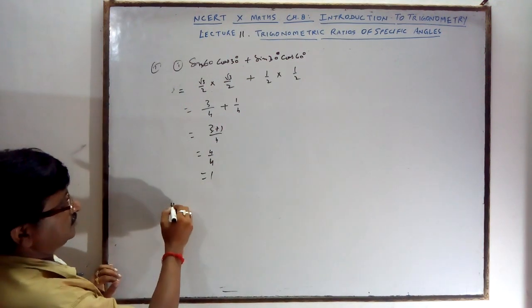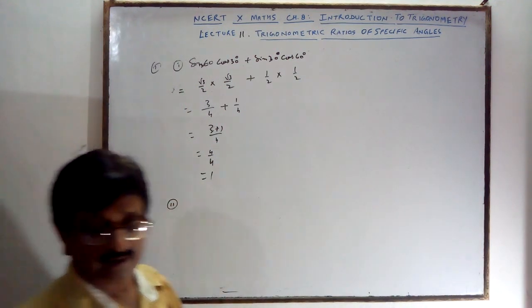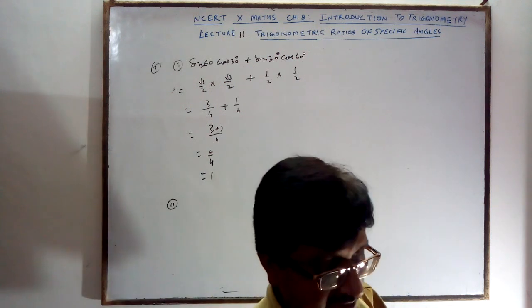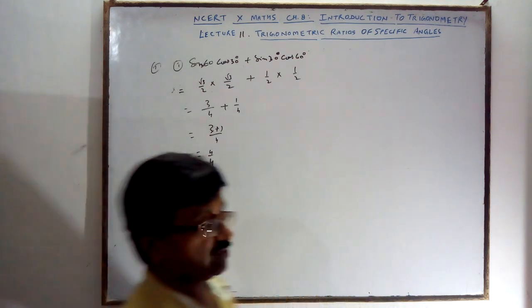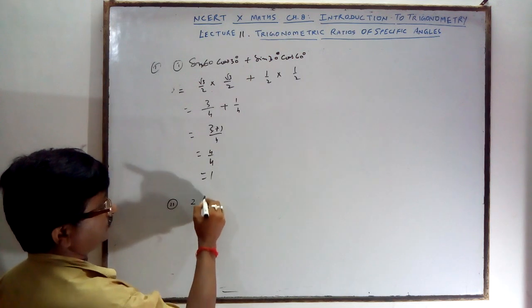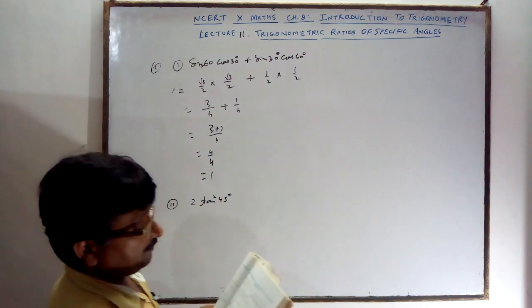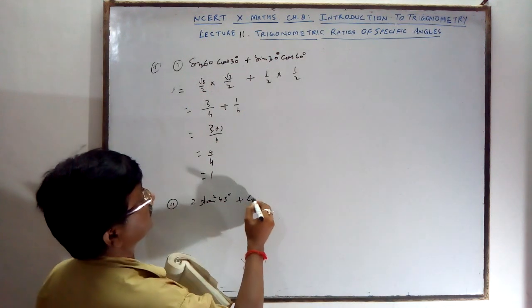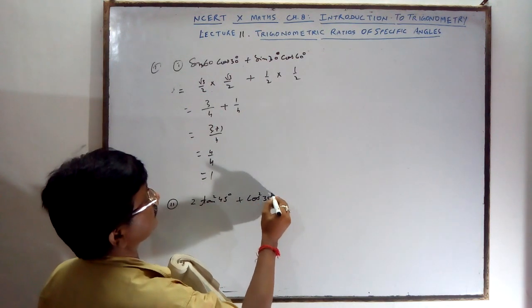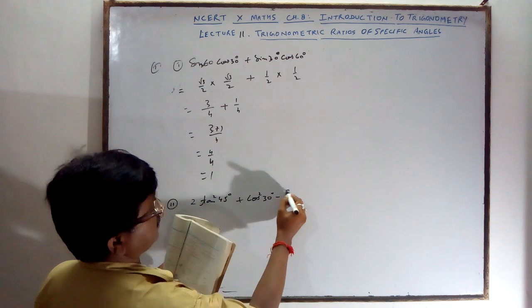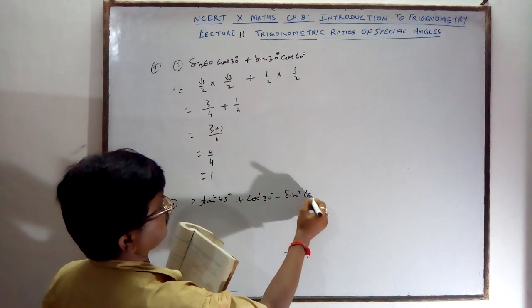Second part of this question is given: 2 tan square 45 degree plus cos square 30 degree minus sin square 60 degree.